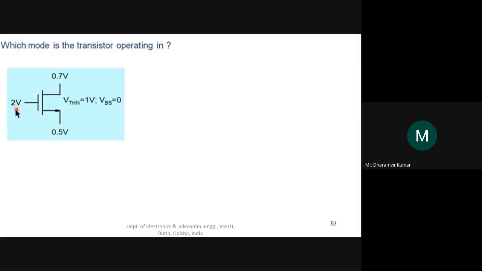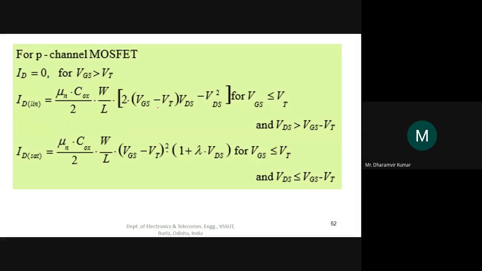This is the gate voltage, 2 volts. This is the drain terminal, VD, and this is the source terminal, VS. The threshold voltage for this NMOS is given as 1 volt. Can you decide which mode this is operating in?